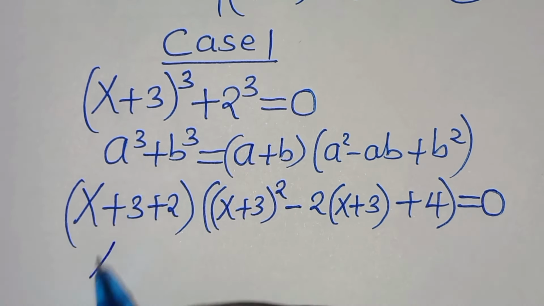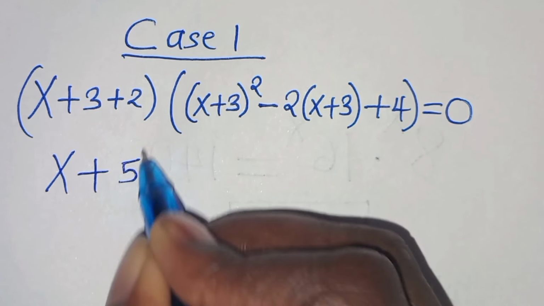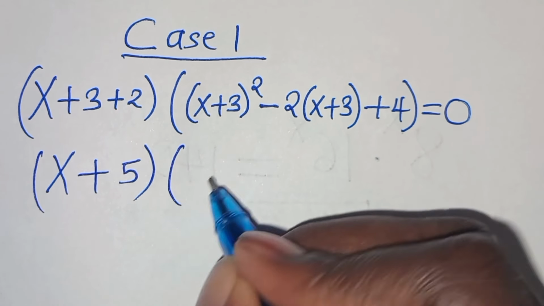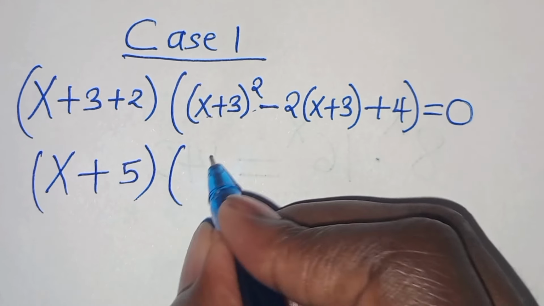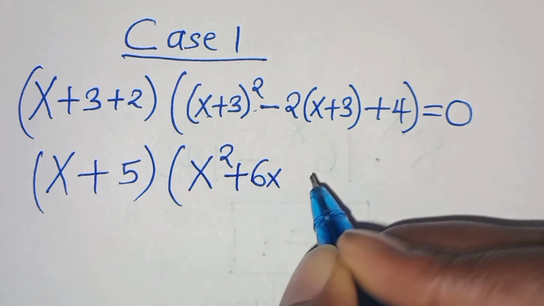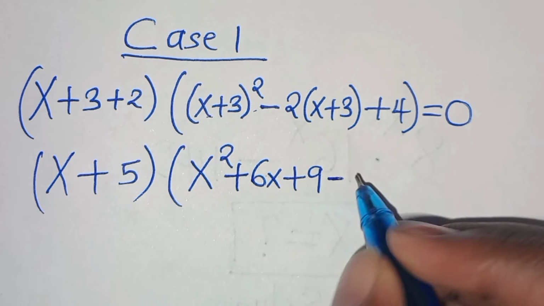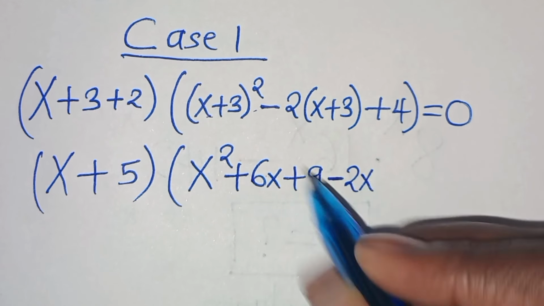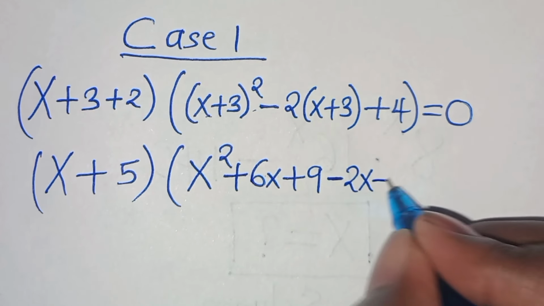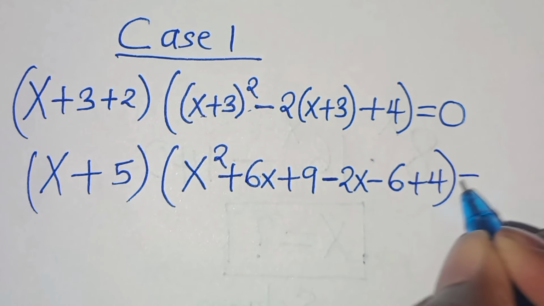So this is (x + 5) times the parentheses. Let's expand this. This is x^2 + 6x + 9. Let's open the parentheses here. This is minus 2x, minus 2 times plus 3, this is minus 6, then plus 4, equal to 0.